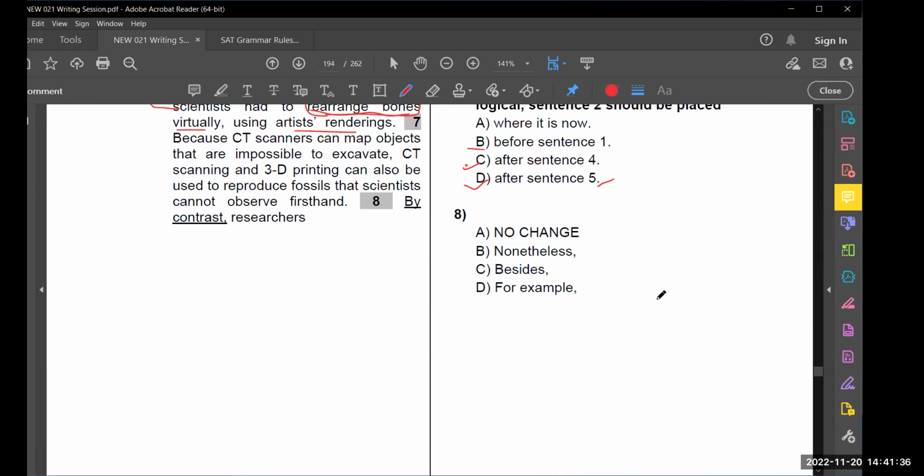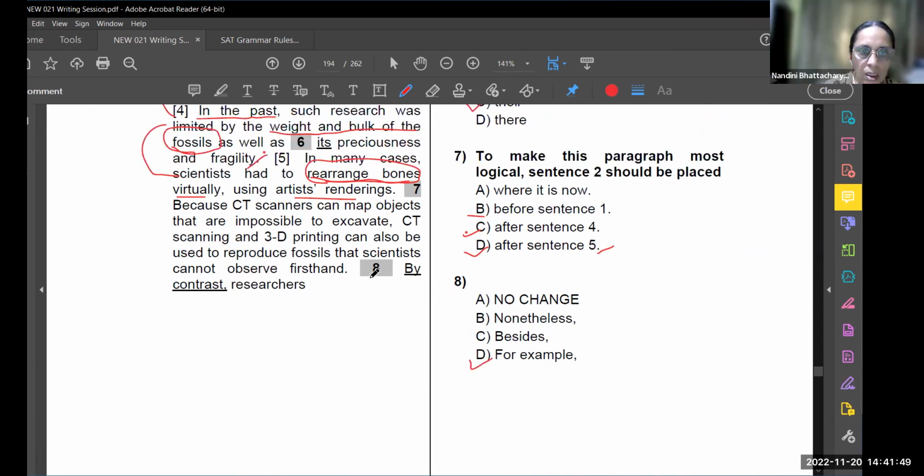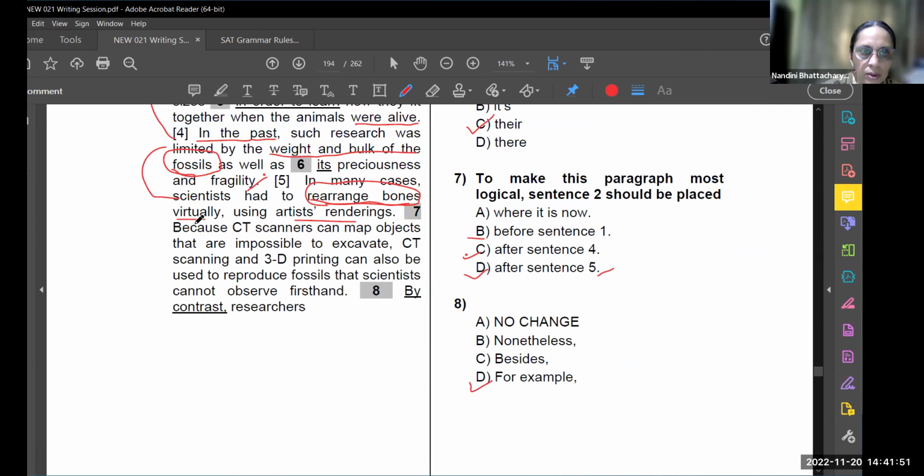B or D? Why do you think D? For example. For example. Okay. Now, what is it talking about? We already read till 5 and we know that now, but now 3D models.